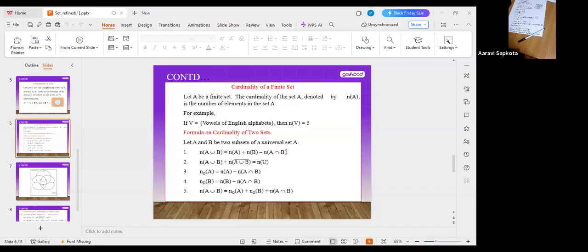Similarly, look at the set A, which I have just drawn. In A union B, there are 9 elements and 2 elements are outside A and B but inside U. So n(A union B) and n(A union B complement) gives again n(U).